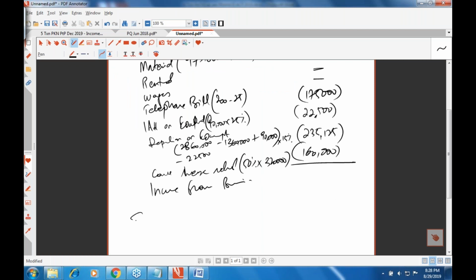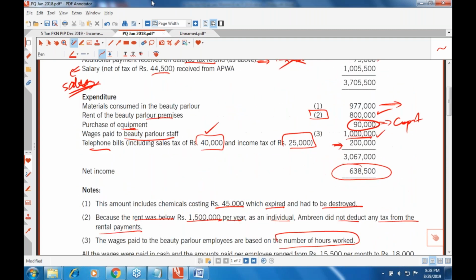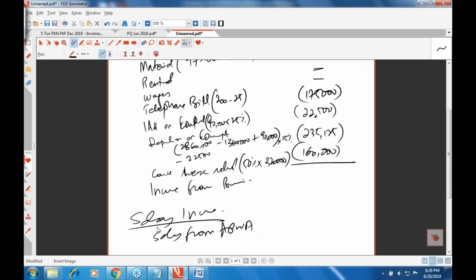Then the salary income would be shown separately. So you would say salary from Apwa. How much is the salary from Apwa that you have actually received? The salary that you have received from Apwa is 1,005,500, and this is net of tax. The salary is always recorded on a gross basis. So it's basically 1,005,500 plus 45,500.